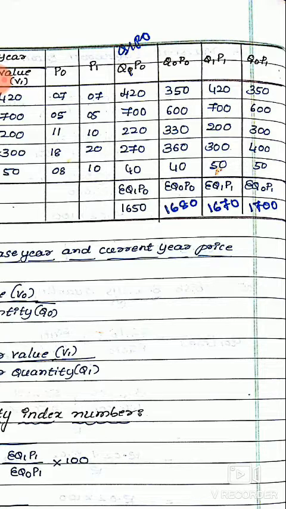We get sigma Q1 P naught is equal to 1650. Then second one, Q naught P naught, I mean base year quantity and base year price. So multiply these two of each commodity, we get 350, 600, 330, 360, 40. So make the total of that. We get sigma Q naught P naught is equal to 1680.